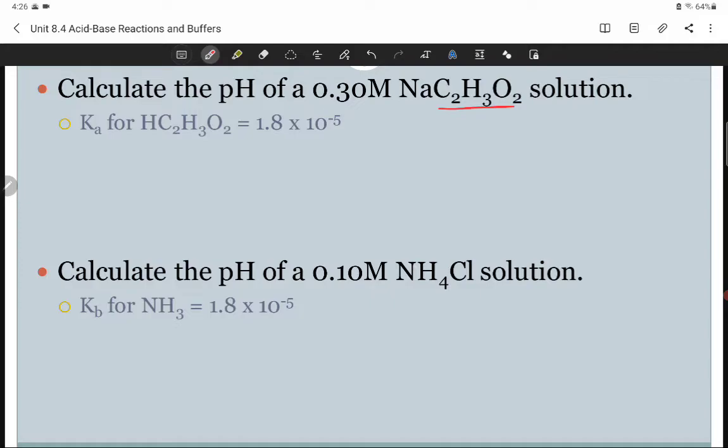So acetate plus water makes acetic acid and hydroxide. So we need a Kb value for that.